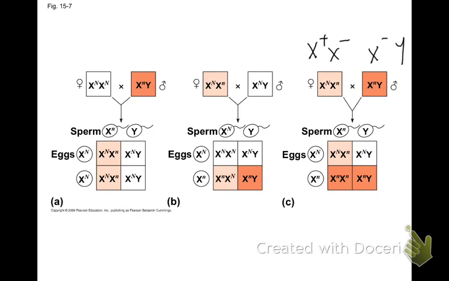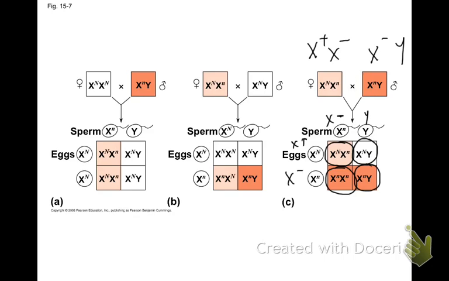So in this case, I will have an X minus and then a Y, and then I will have an X plus and an X minus. I have one carrier daughter, one affected daughter, one affected son, and one normal son.